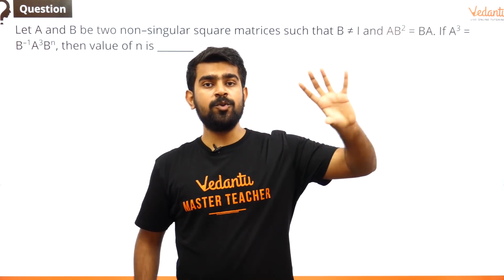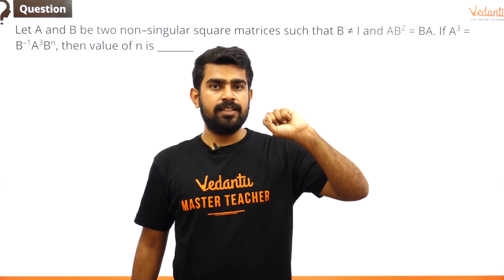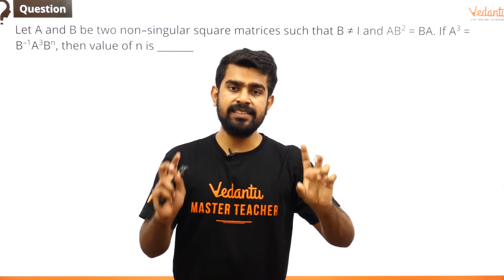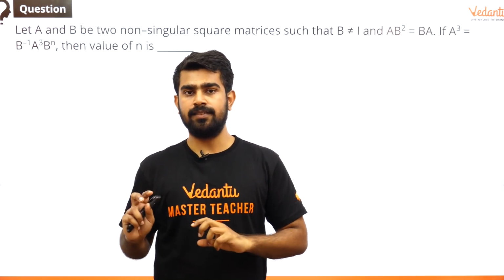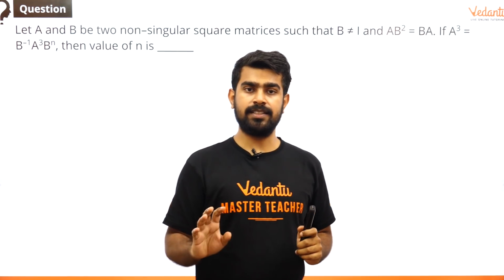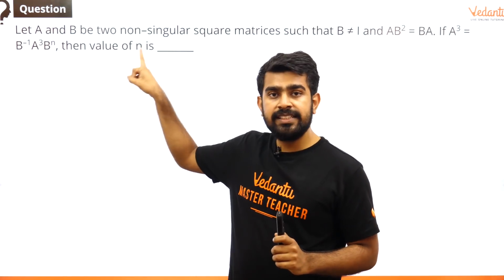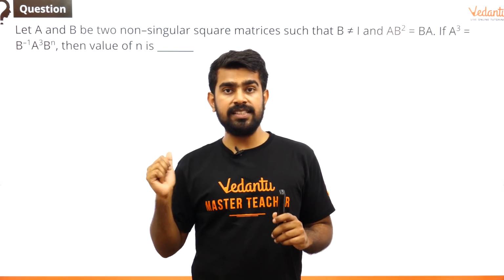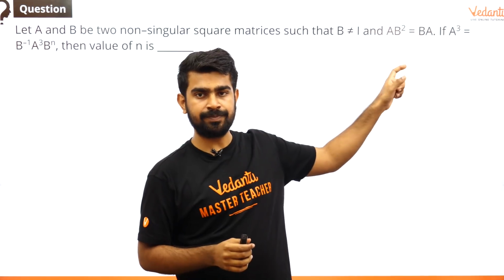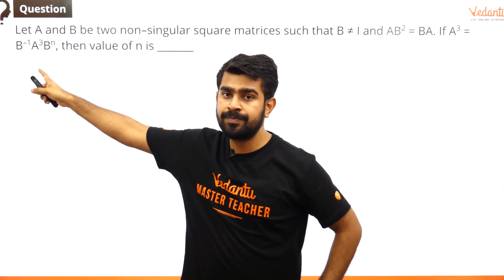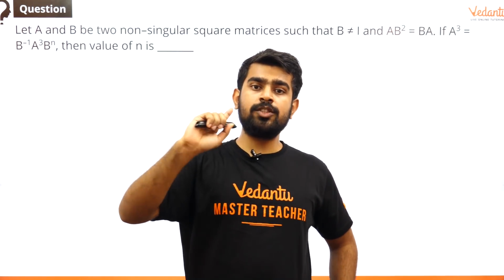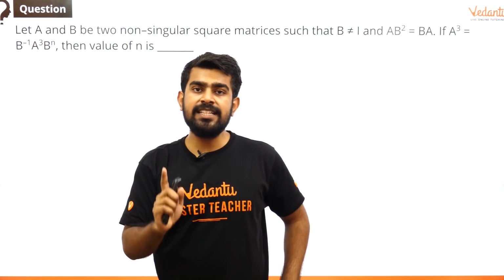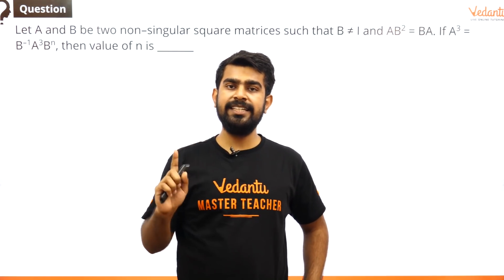Now, whenever we come to an exam like JEE Advanced, I want all of you to be very serious about reading the question right. Each and every term is going to matter, guys. So here, non-singular is very, very important because unless it is non-singular, you cannot apply this inverse. Only when it is non-singular can you apply B inverse.